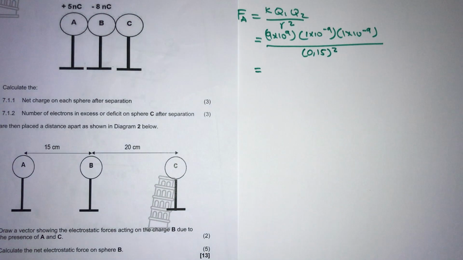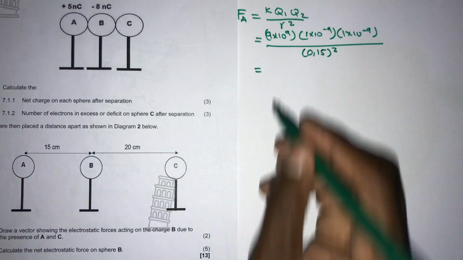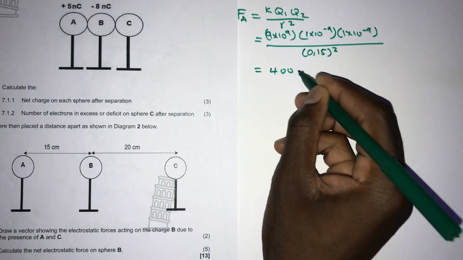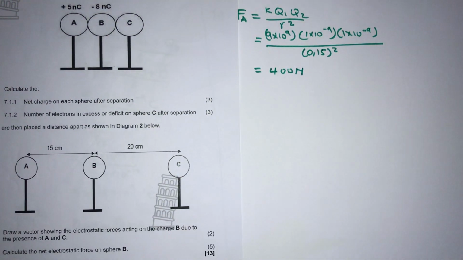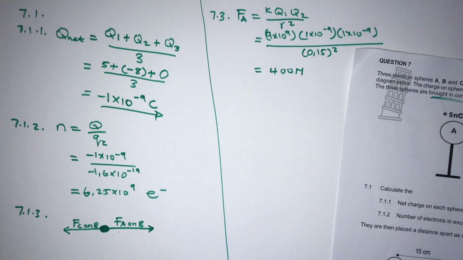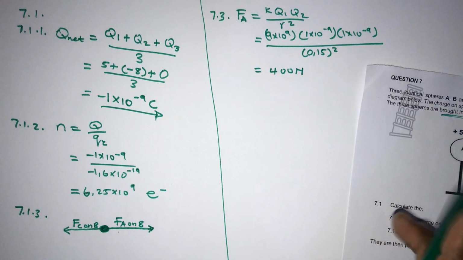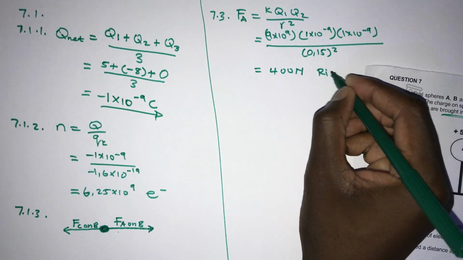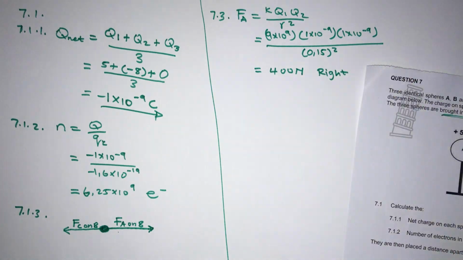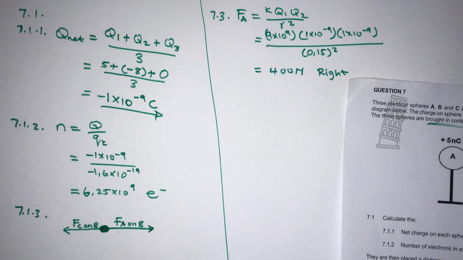The answer is going to give us 400 Newton. But where is the electrostatic force of A on B? It is going to the right, according to the vector diagram.